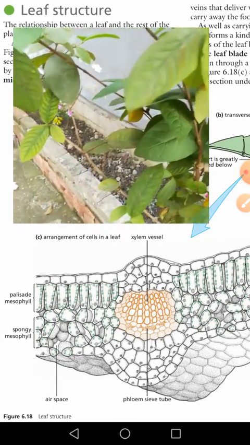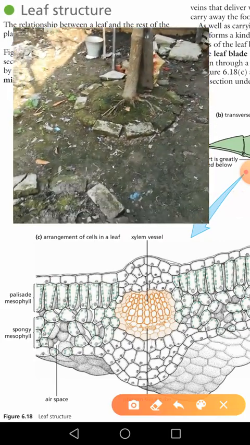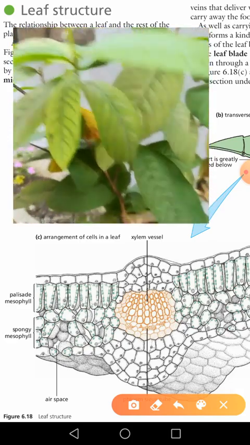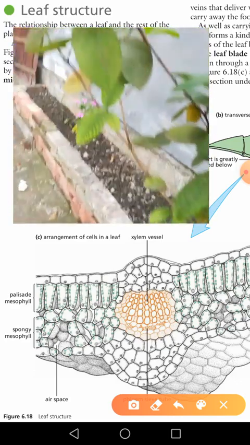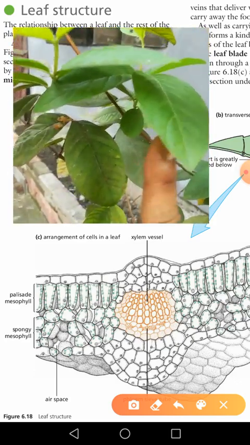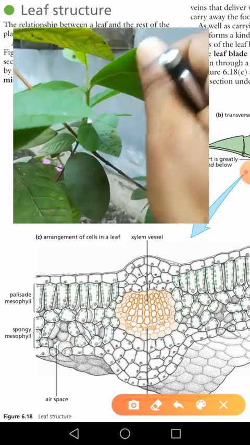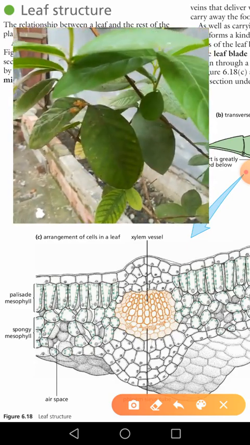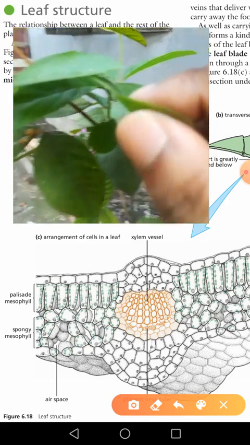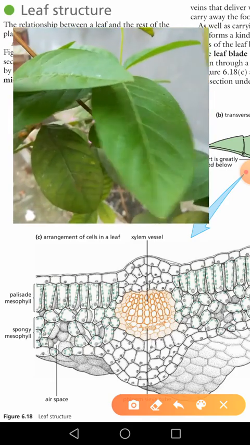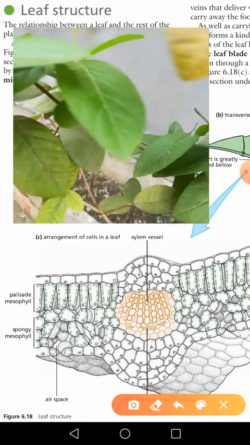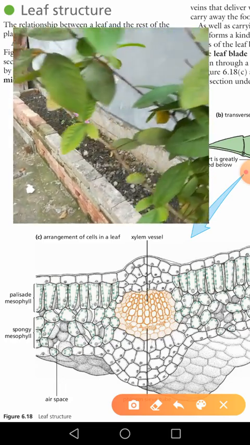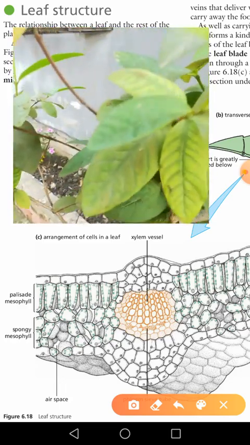Now, let the leaf fall down, no problem. This is the top surface and this is the bottom surface. The leaf blade looks green because all through the thickness of the leaf it has two layers of working cells, which we call the mesophyll cells.